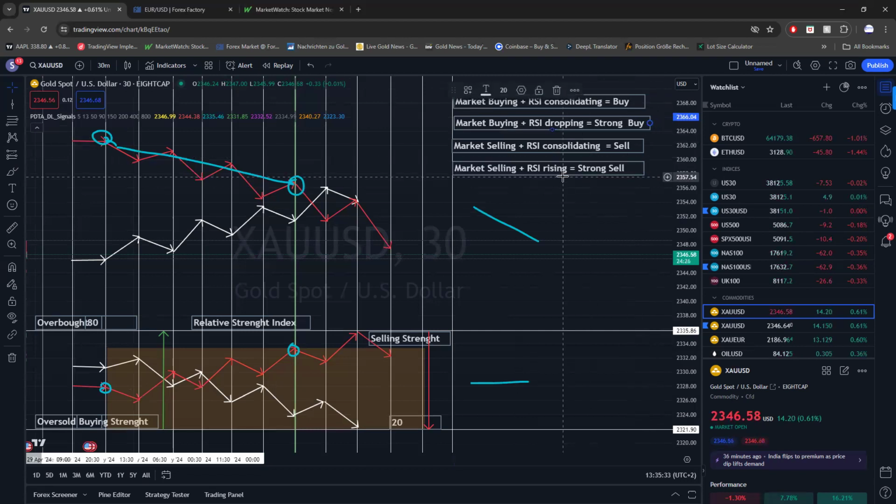And this is it. These are the main scenarios we look for in the market. There are many scenarios in the market. You would also see the market behaving very normal. What do I mean by normal?